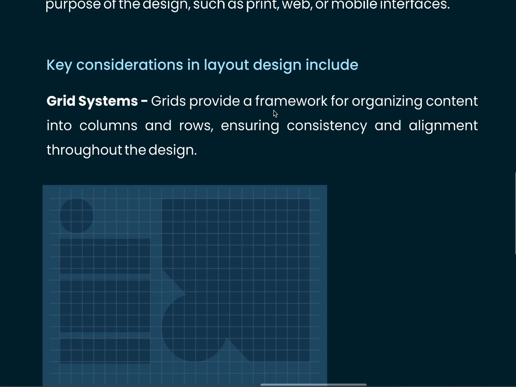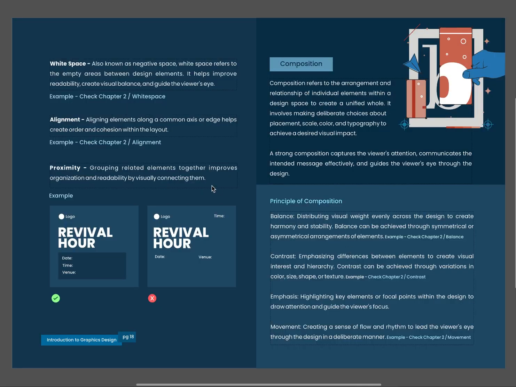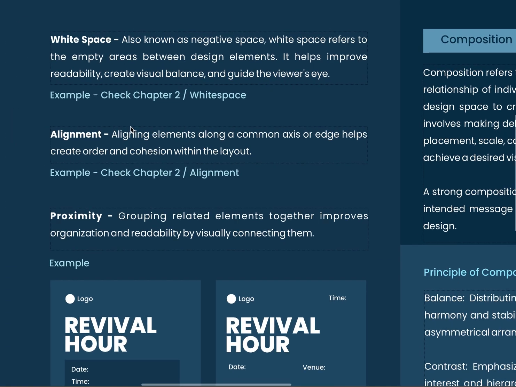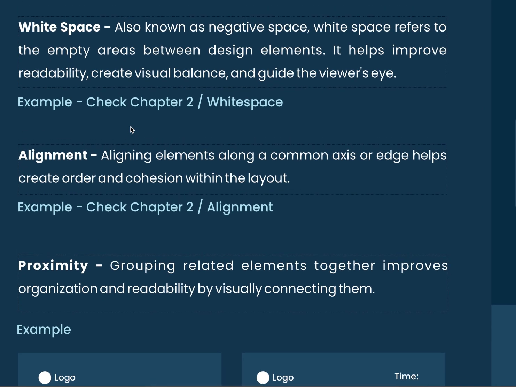So then another consideration for us is white space. And white space, also known as negative space, we've talked about it. White space refers to the empty area between design elements. It helps improve readability, create visual balance, and guide your view.